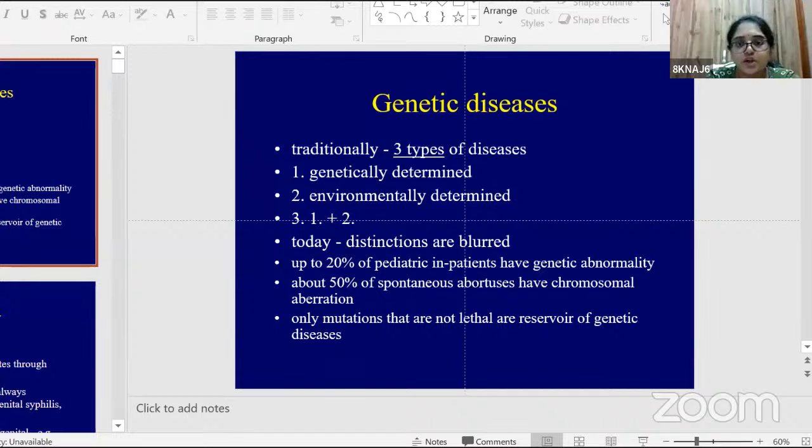The Human Genome Project, once completed, has made it easier for us to identify the disease, prevent, and even at certain times manage genetic disorders.